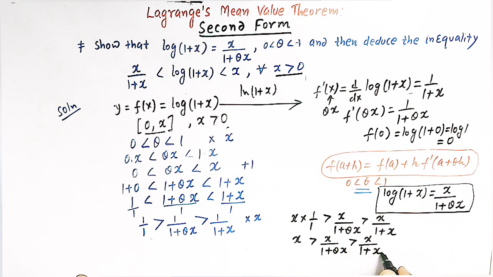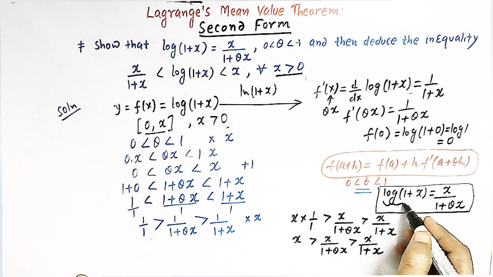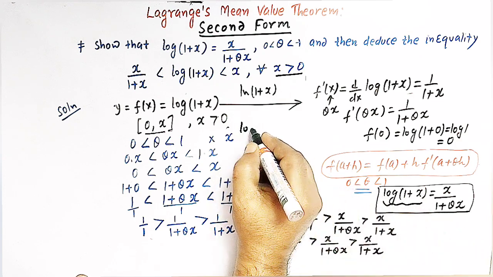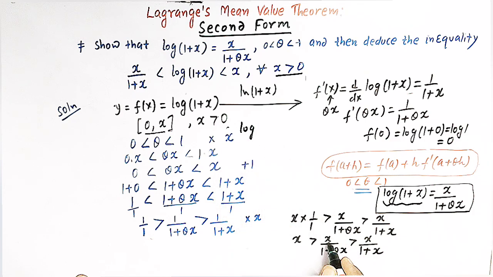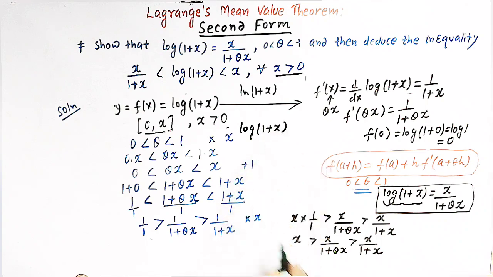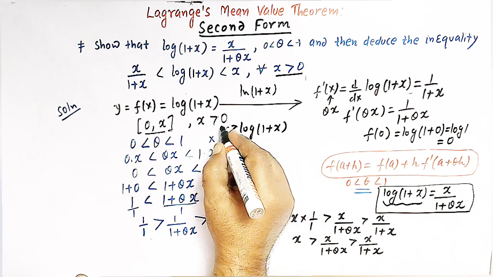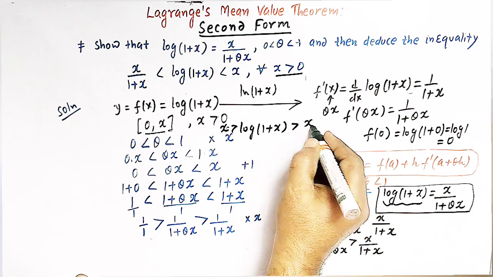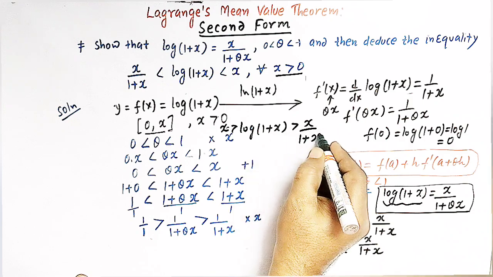Now x over 1 plus theta x is given by log of 1 plus x. So we can now write here for x over 1 plus theta x as log of 1 plus x, and here we have x, and here we have x over 1 plus x.